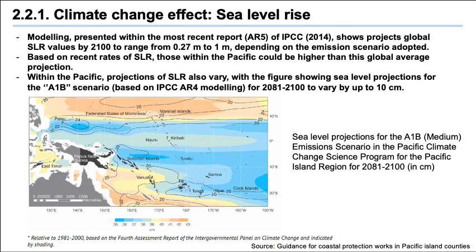Next is the climate change effect, sea level rise. As mentioned in the section 1.1, sea level rise has been observed and the future sea level rise seems to occur.